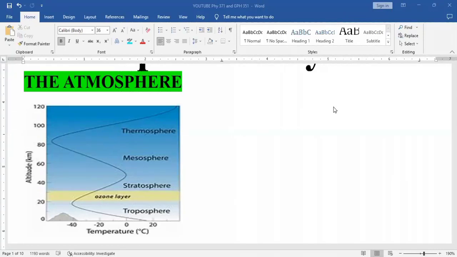We have the troposphere, which is the layer closest to the surface of the Earth, followed by the stratosphere, mesosphere, thermosphere, and the exosphere.